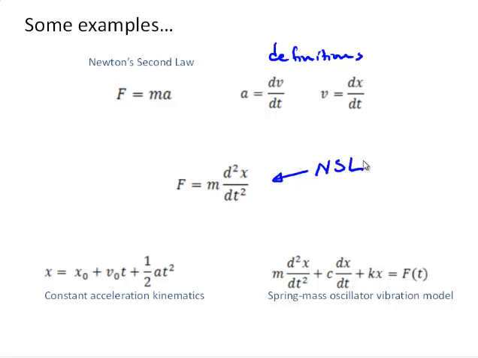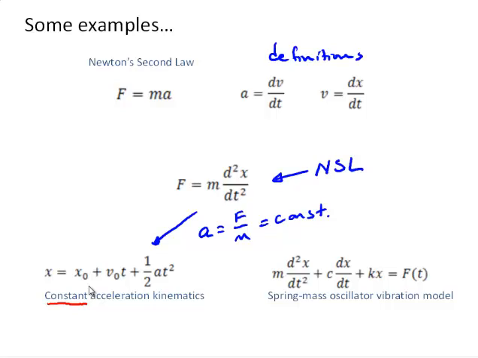We can use that to derive other mathematical models, as you probably saw in your physics classes, and maybe dynamics if you've taken dynamics. One, for constant acceleration, we could solve for a is F over m. If that force and mass are constant, we can derive the constant acceleration kinematics equations, one of which calculates the position of a particle as a function of time.